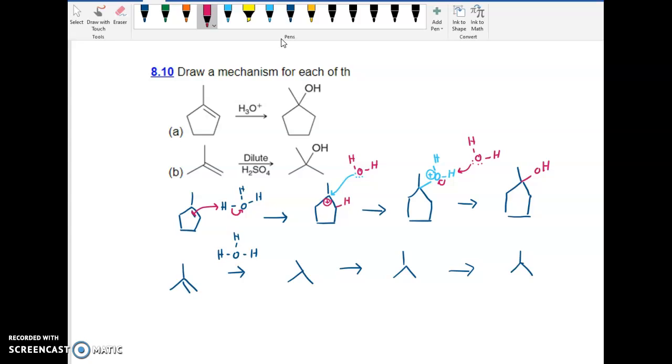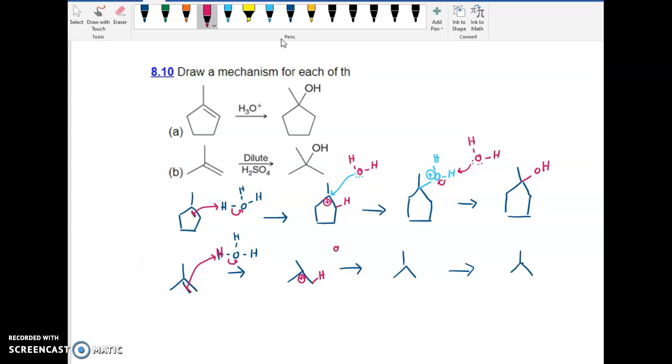The second example, the pi electrons here steal a proton, and then that hydrogen that's right there ends up at the least substituted position, giving us a tertiary carbocation. That's supposed to be a plus sign there.